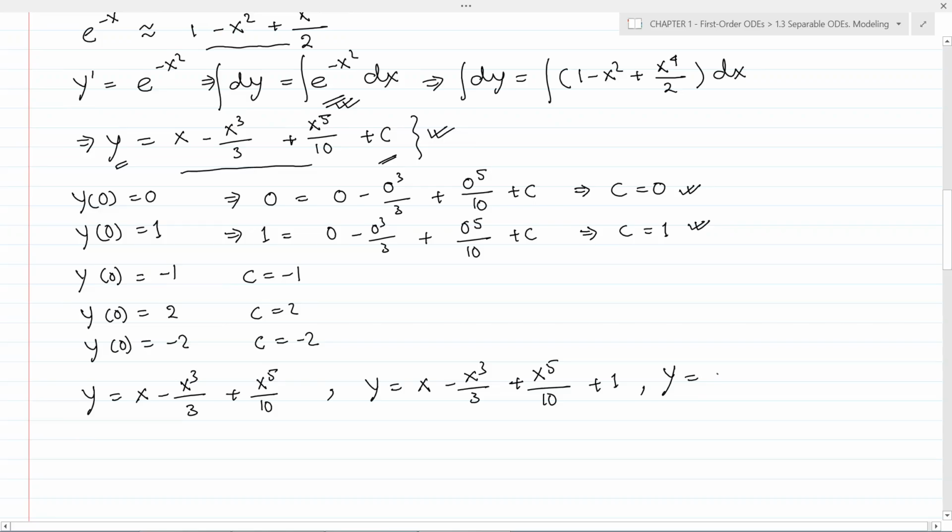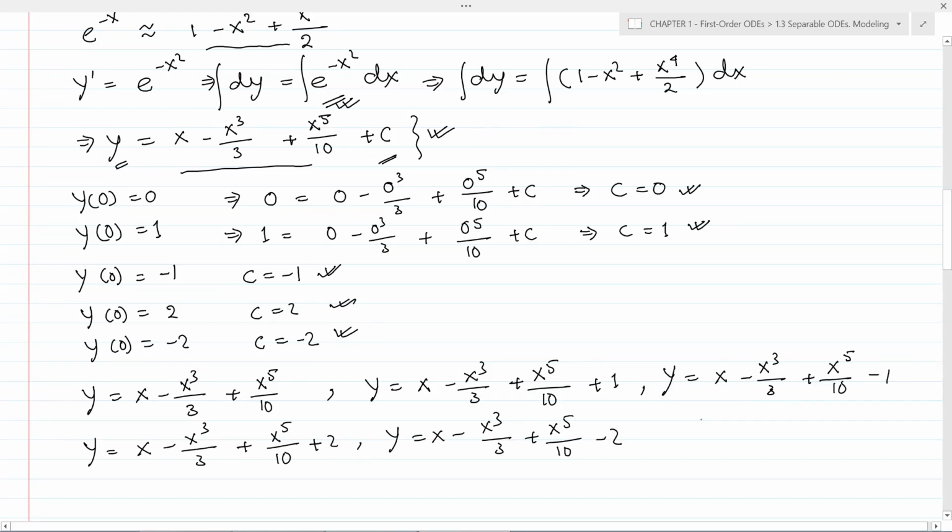Y equal to x minus x cube by 3 plus x to the power 5 by 10 minus 1 for C equal to minus 1, and similarly we can find the other two particular solutions also.